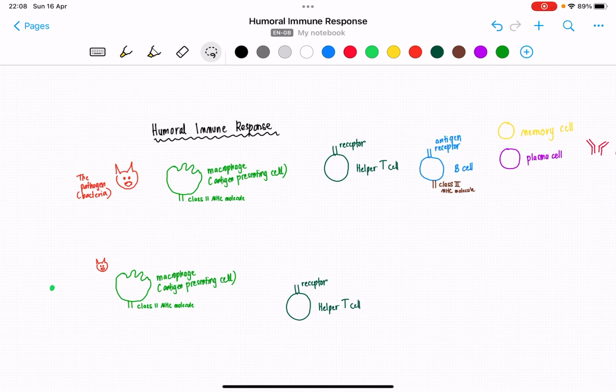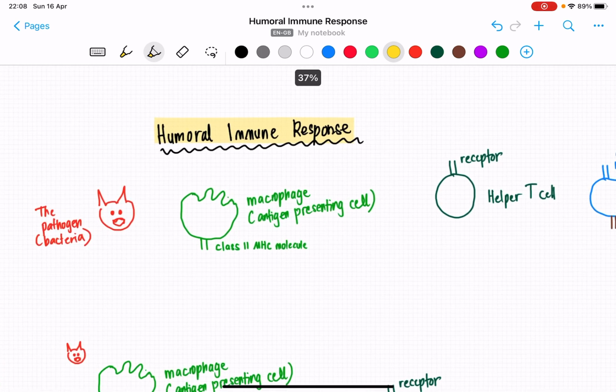Let's discuss one of the immune responses, which is the humoral immune response. So what is humoral? Humoral immune response refers to the immune response that happens inside the body fluid.